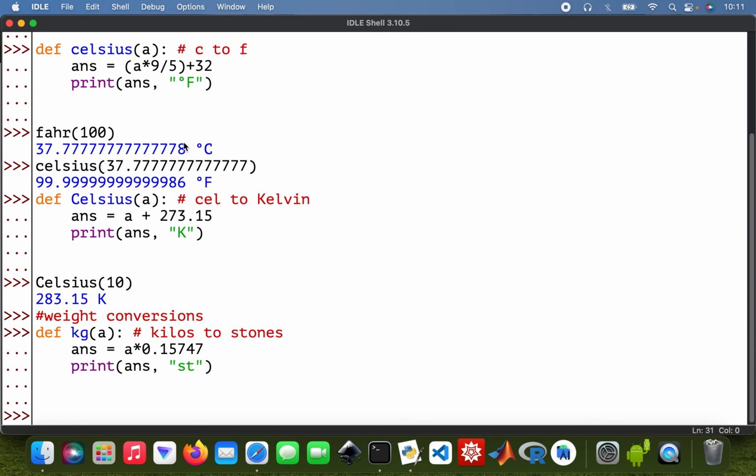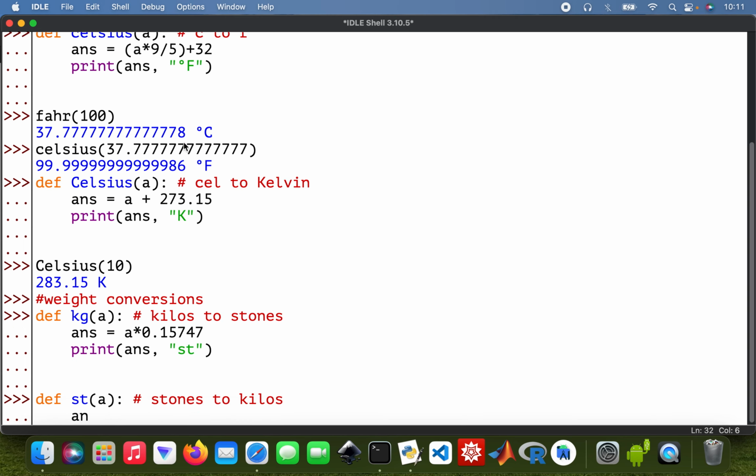And then I've got another one as well, define stones to kilos. Then my answer will be A divided by 0.15747.